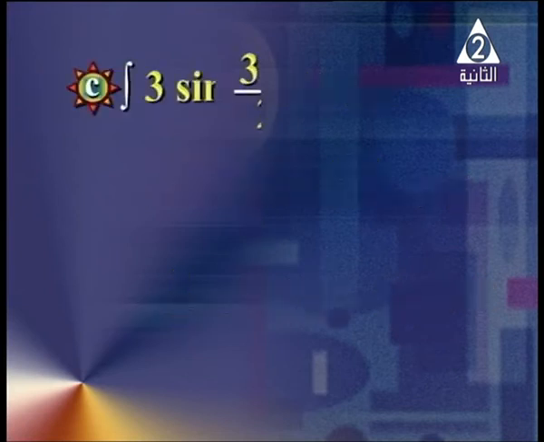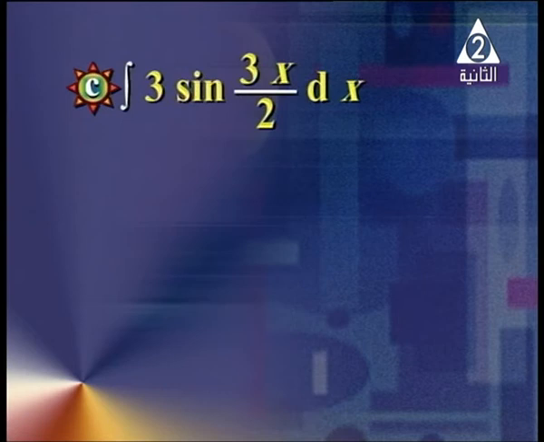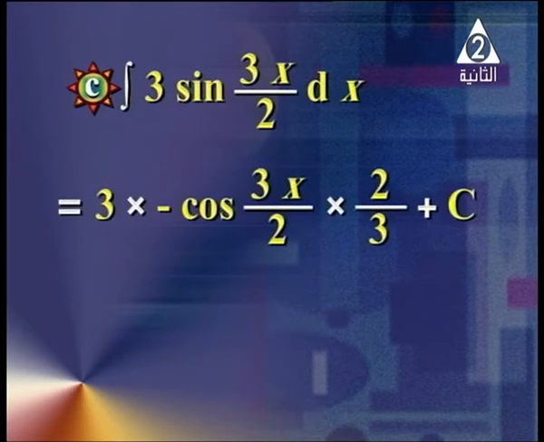Number C, the integration of 3 sine 3x over 2 dx. So 3 is a constant. What is the integration of sine? Negative cosine. Sine 3x over 2 equals what?